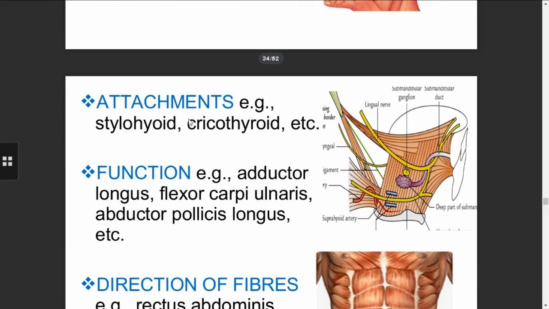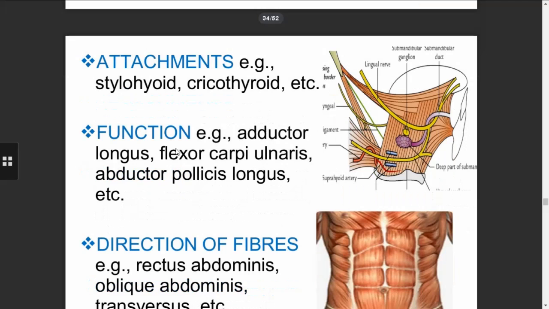On the basis of their attachment: stylohyoid, cricothyroid, meaning styloid process of temporal bone and hyoid bone, cricoid cartilage, thyroid cartilage.